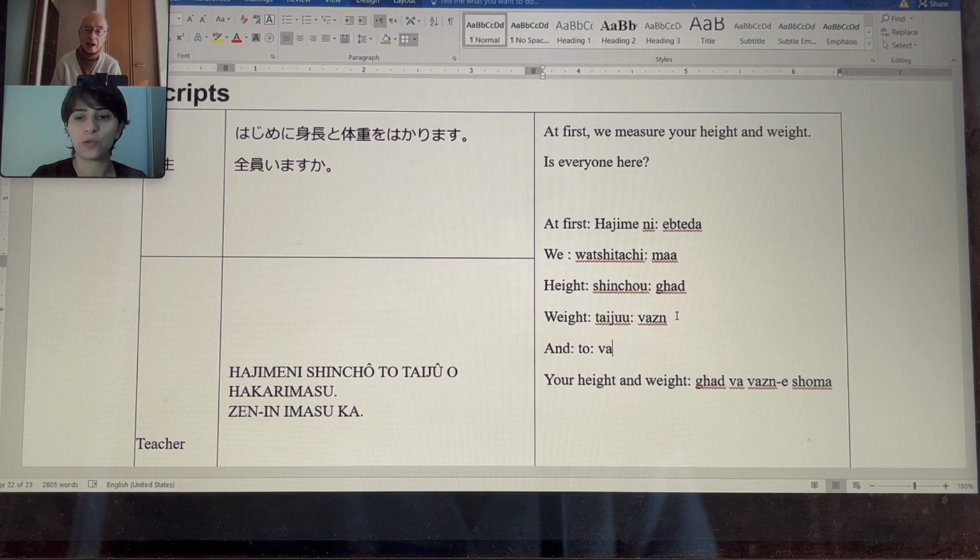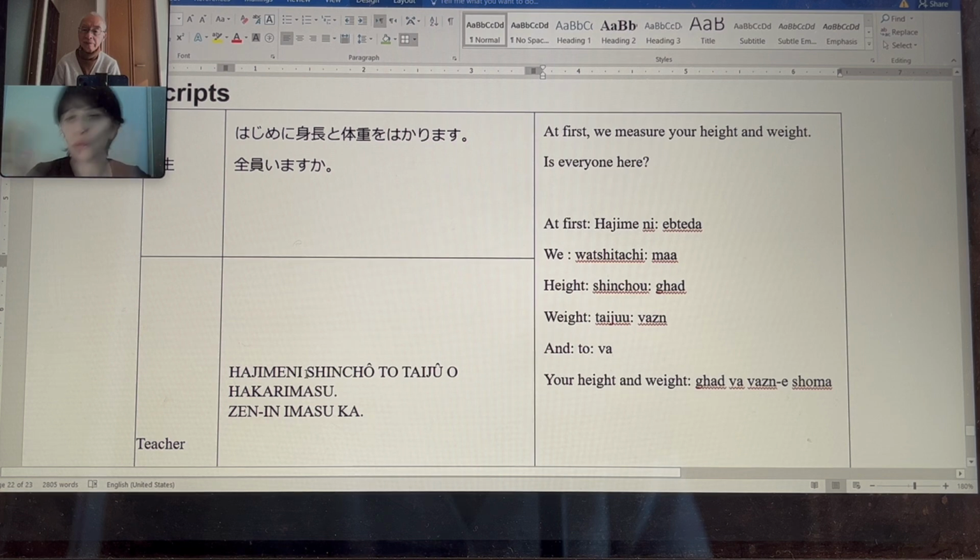Shinchou to taijou. The only thing that is different in Japanese is basically the possessive. So it's like hajime ni anata tachi no shinchou to taijou, right? Yes. This anata tachi no basically is like shoma.